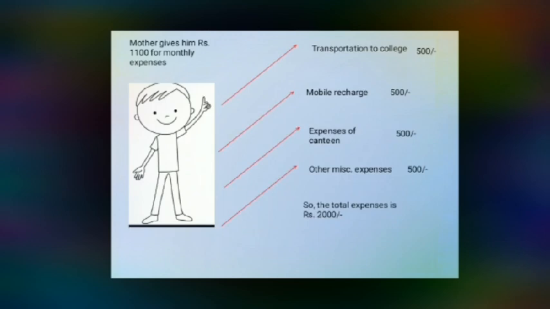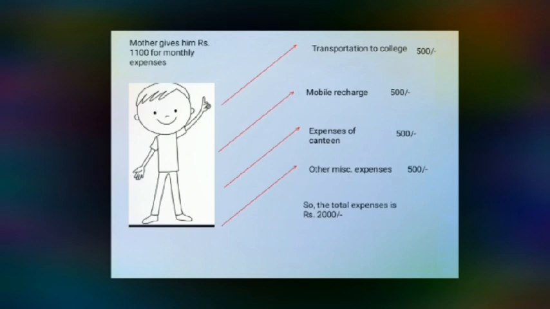So the child has to adjust his needs with the pocket money given to him. Now here you can understand the problem of choice comes, because with a limited money of rupees 1100, he cannot fulfill all his needs, that is 500 for transportation, 500 for mobile recharge, 500 for expenses of the canteen and other miscellaneous expenses of 500, that is rupees 2000.